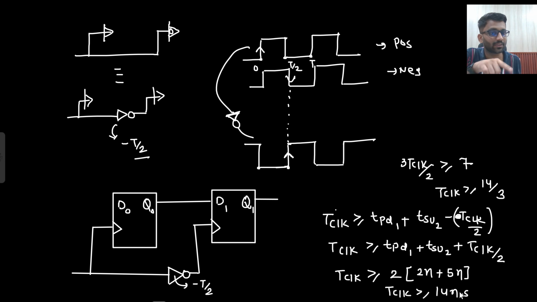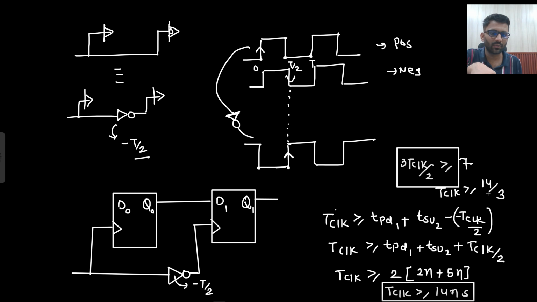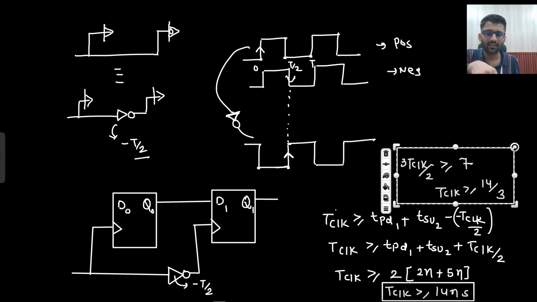So what answer I would take? I would take 14 nanosecond, right? So that's why I will always put negative delay. Okay, so this is not acceptable. So this I will just keep in a box and I will tell that I won't consider.